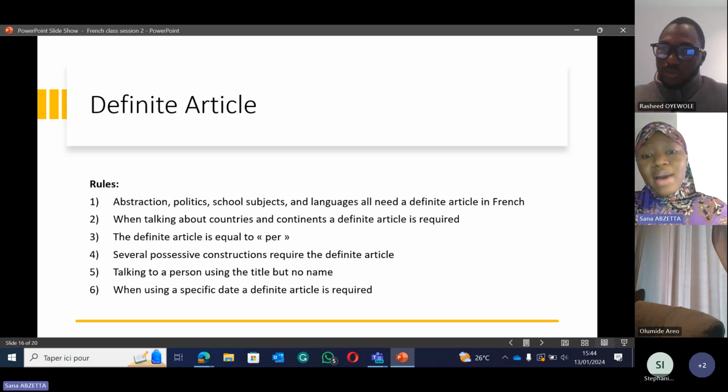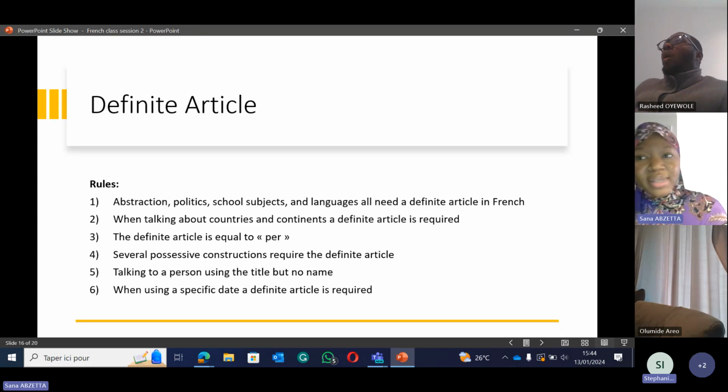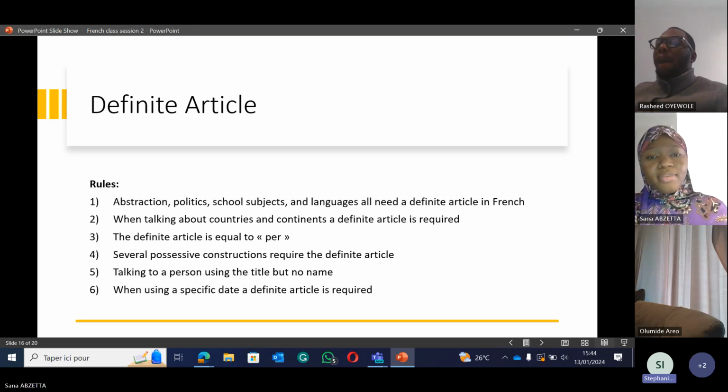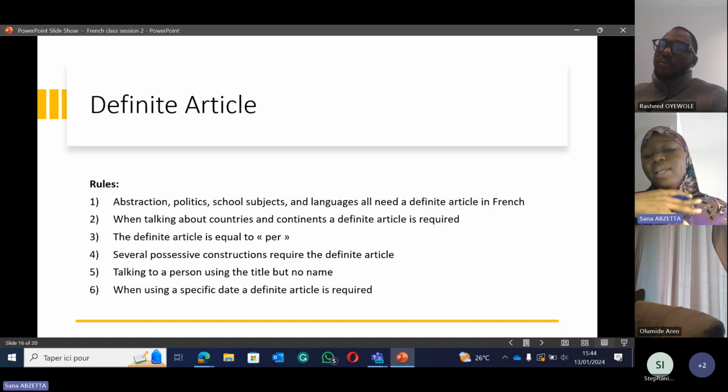But in English, there is no article, but in French, you have to add it. Le 13 janvier, le 5 mai, le 14 février. If you are talking about a specific date, the article is required.